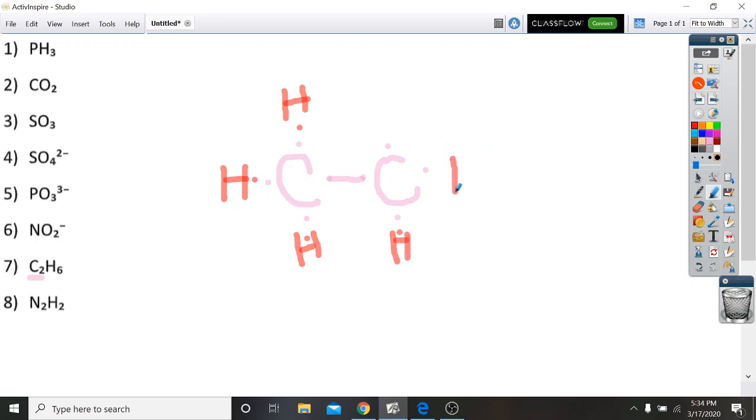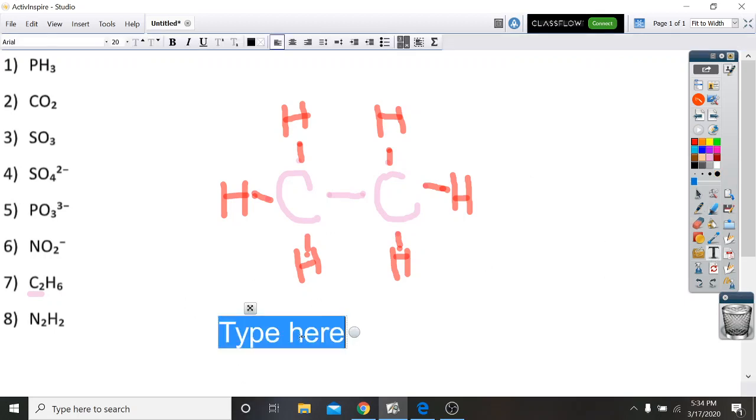And indeed, that is where they are. So that means I have 1, 2, 3, 4, 5, 6 single bonds between C and H, and one single bond here between C and C. So I have 7 single bonds.